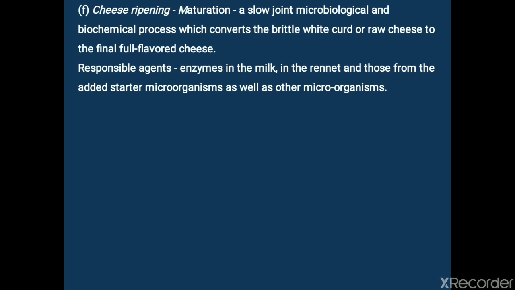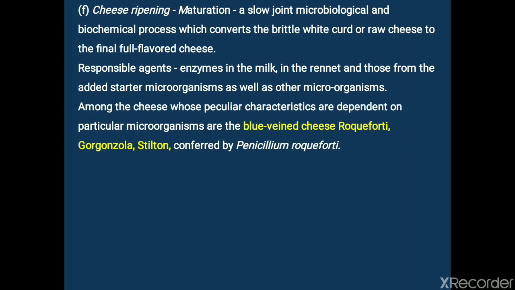For this, the responsible agents are the enzymes which are present in milk, enzymes present in rennet, that means rennins, proteolytic enzymes, and the enzymes which are released from the starter culture microbes, that is lactic acid bacteria, as well as the microbes that develop during the process of maturation in cheese.